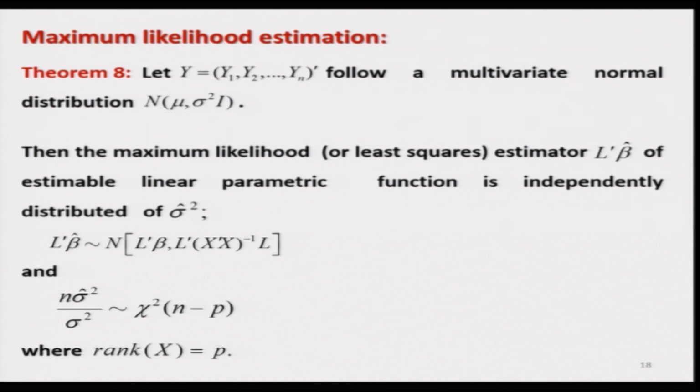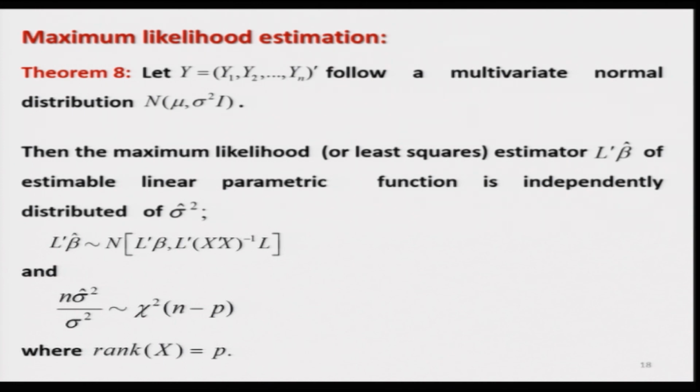Now we have one more very important result, which talks about the independence of a linear function and a quadratic form. Based on that, we have a very important result that is going to be extremely useful when we develop the distribution of the test of hypothesis while conducting the analysis of variance.